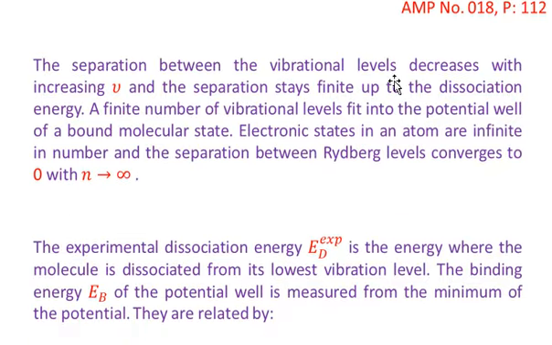The separation between the vibrational levels decreases with increasing V, and the separation stays finite up to the dissociation energy. A finite number of vibrational levels fit into the potential well of a bound molecular state. Electronic states in an atom are infinite in number, and the separation between the Rydberg levels converges to zero when R approaches infinity.